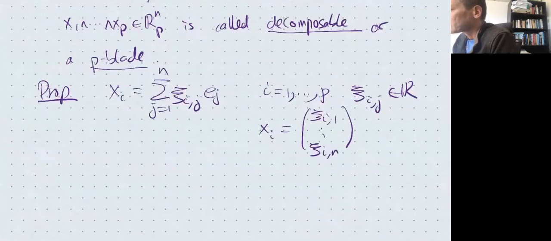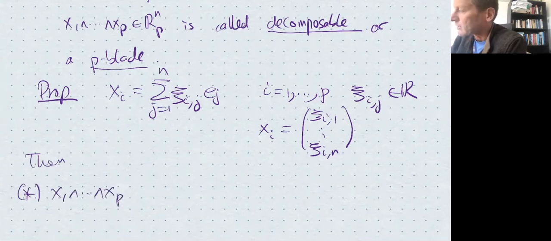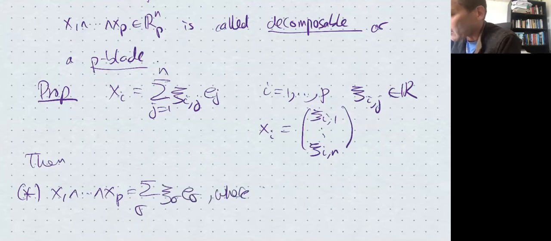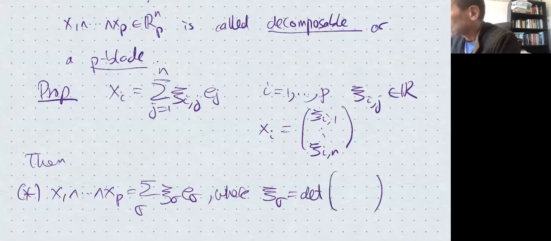Now if I want to compute the corresponding p-blade, x_1 wedge dot dot dot wedge x_p will be the sum over sigma of c_sigma e_sigma, where the coefficient c_sigma is the determinant of the c_ij's, with i going from 1 to p and j in sigma.